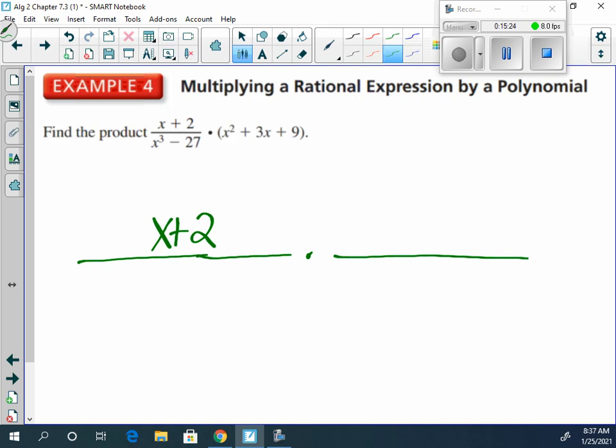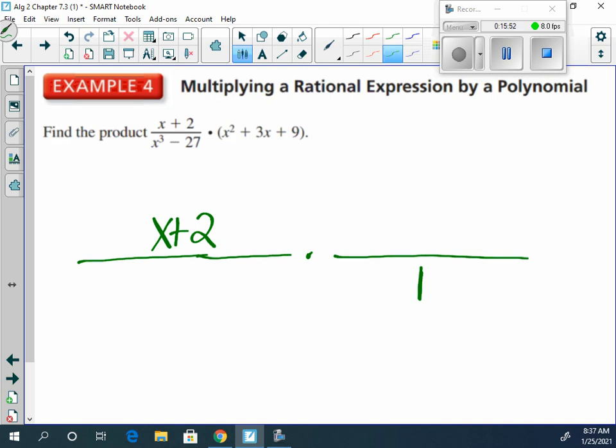The x squared plus 3x plus 9, that's not written as a fraction, is it? So does it have a denominator? Does it have a bottom? 1. So really, we could write it like this here. We can put the bottom of that fraction as 1. You don't have to write it this way, but it's sometimes helpful for us to just be able to picture it and see what's going on.